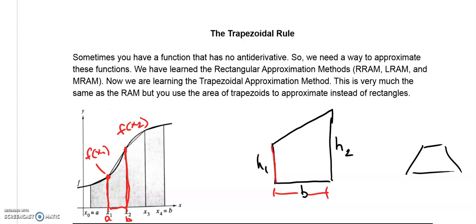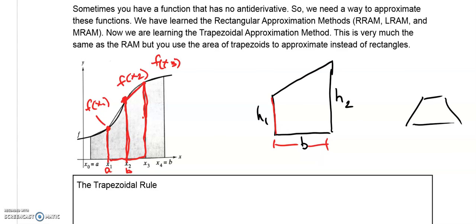Now here's the other trick that we have to incorporate, which is the fact that we're finding the areas of all of these, right? So now if you look at the next one, it includes this same height, f of x sub 2, and now we have this other one, f of x sub 3. All right, so we're coming up with one formula where we can find it for all of those trapezoids within that range, okay?